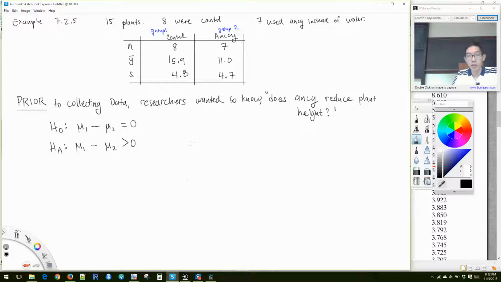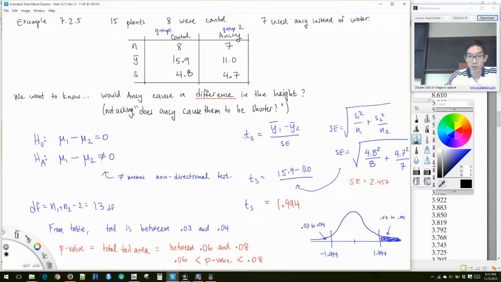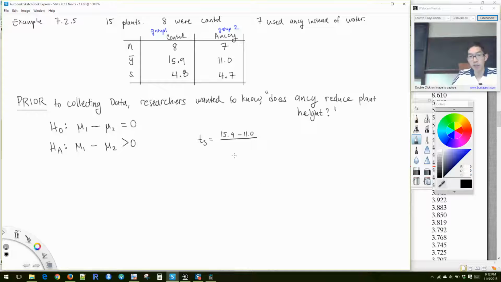And so when we calculate our test statistic, what would we end up getting? We end up getting the exact same thing as before. 15.9 minus 11.0 divided by our standard error, which, let me flip back, was 2.457. We're using the exact same data, right?